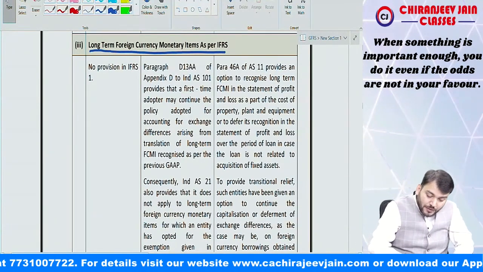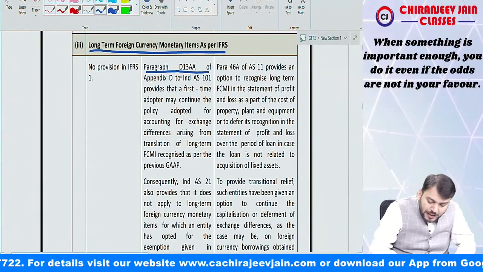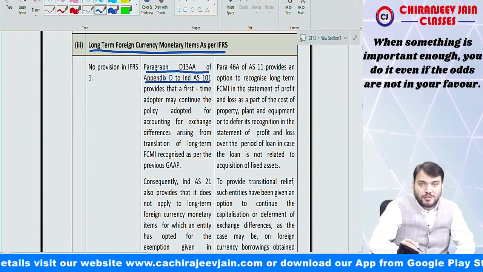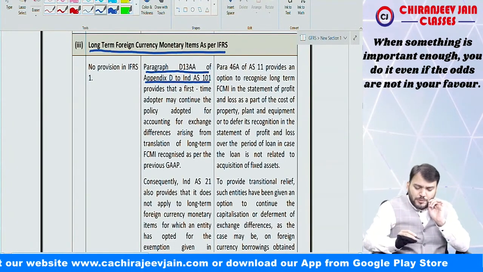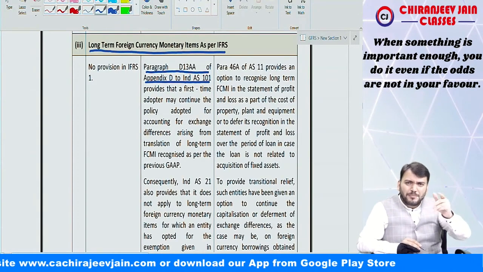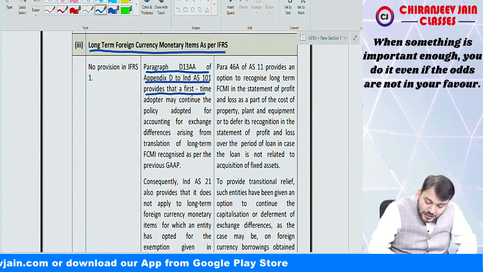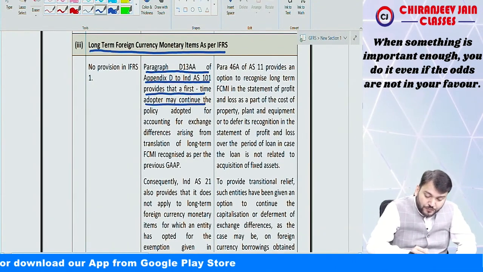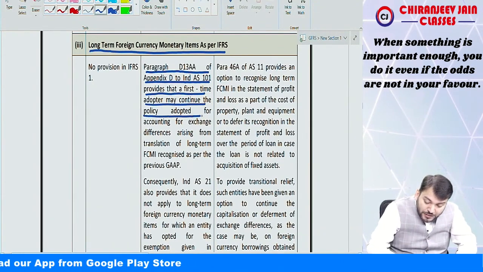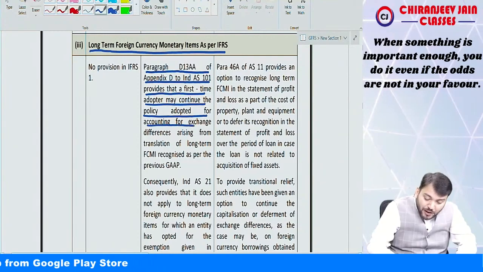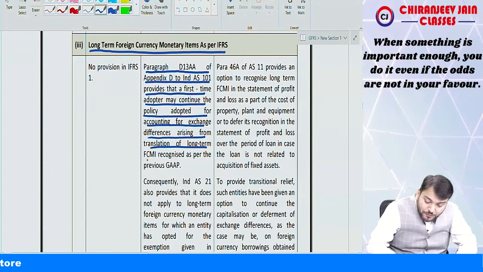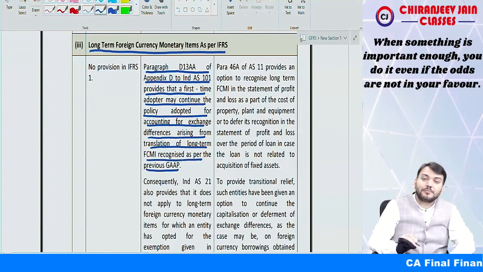What did they say? Paragraph D13AA of Appendix D to Ind AS 101. This is not required to be learned. Paragraph D13AA of Appendix D to Ind AS 101 provides that a first-time adopter may continue the accounting policy adopted for accounting for exchange differences arising from translation of long-term foreign currency monetary items recognized as per previous GAAP.